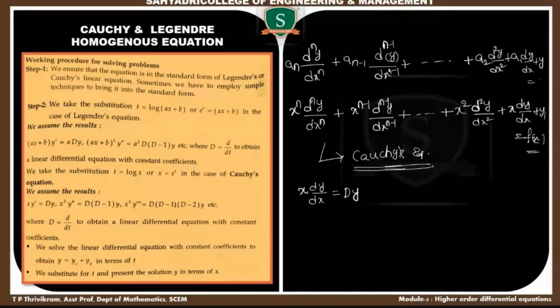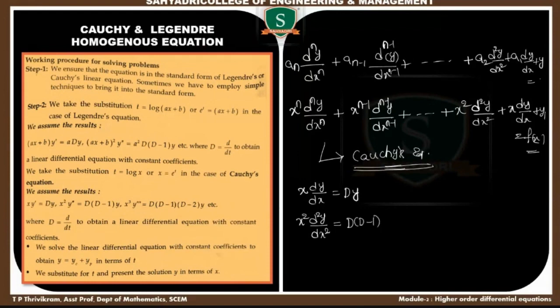Similarly, x^2 d^2 y by dx^2, this I'll replace with D(D-1)y. Until where you have to stop: select this power and subtract 1, so 2 minus 1 is 1. So up to D-1 you have to do.